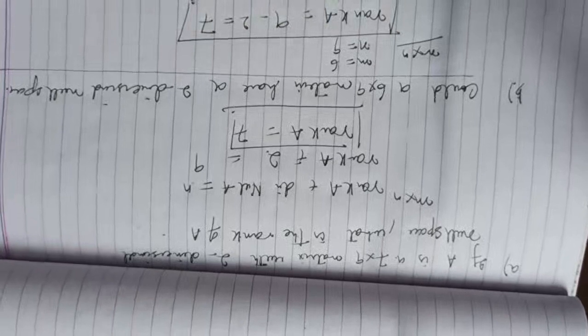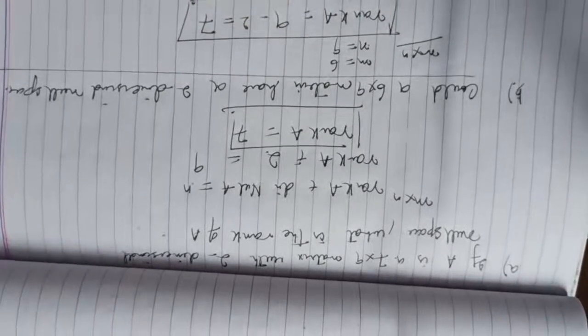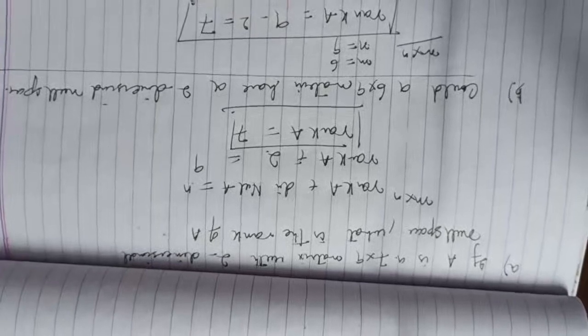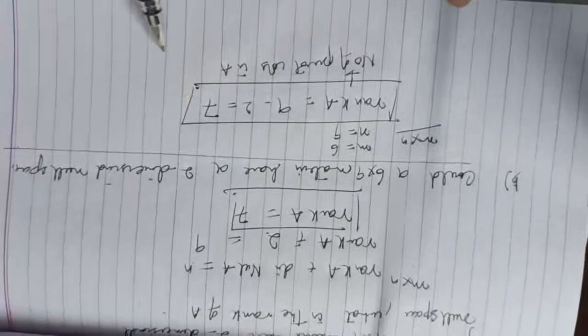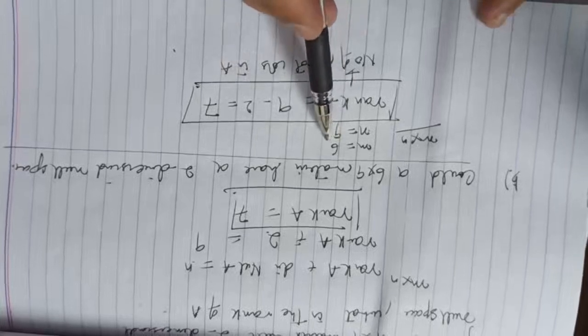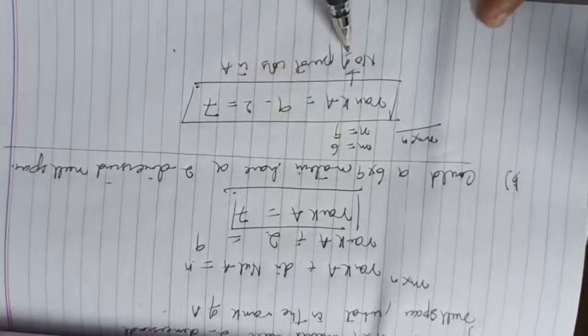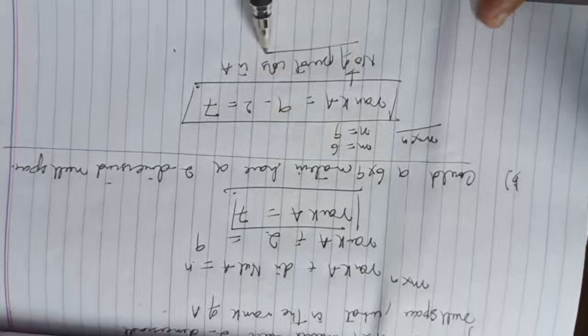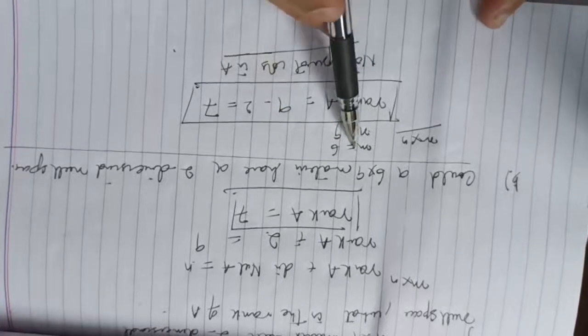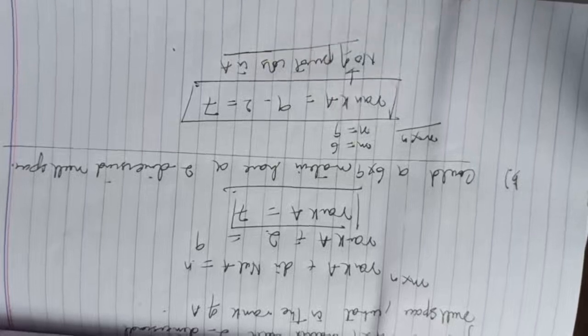And the rank of A is nothing but the number of pivot columns in A, right? So it means A has to have 7 pivot entries, right? But we cannot have 7 pivot entries because M is equal to 6.